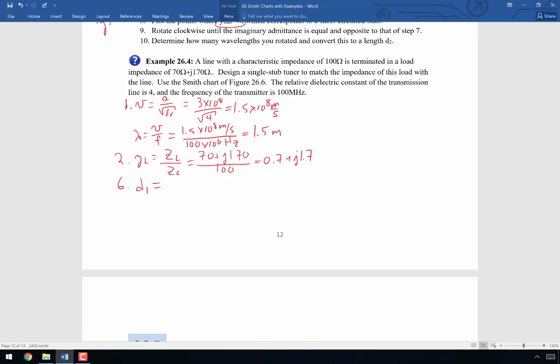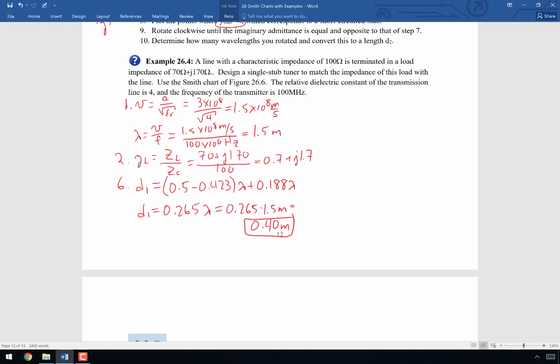D1 is equal to, from the point on the far left, 0.5 minus 0.423 times lambda, plus I then went an additional 0.188 lambda. So D1 is 0.265 lambda, which is 0.265 times 1.5 meters, which is 0.40 meters.